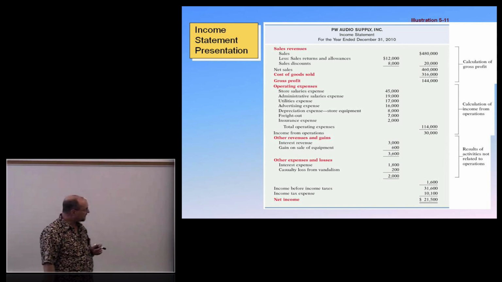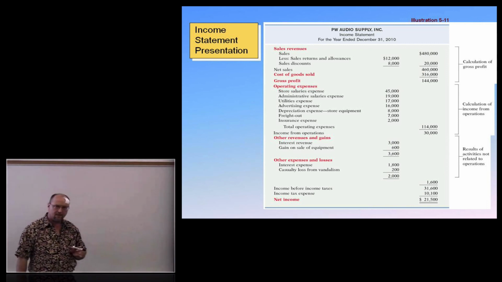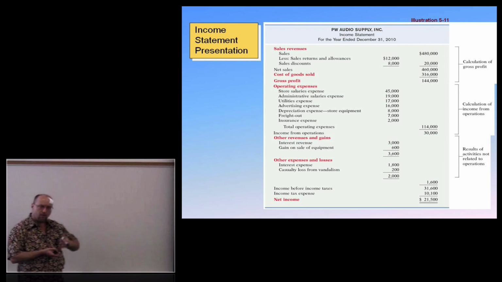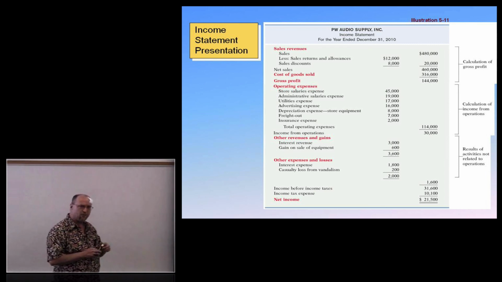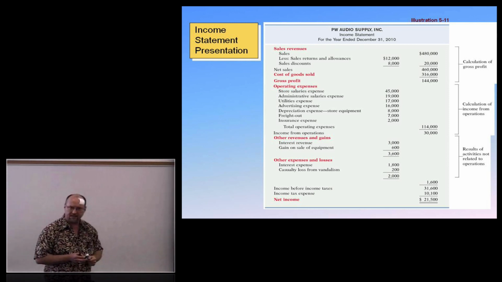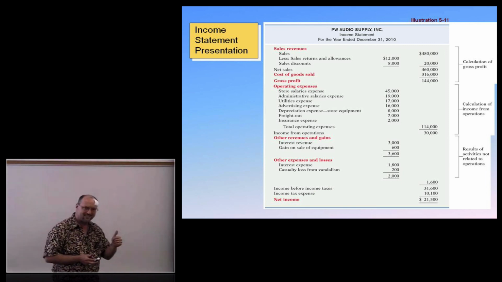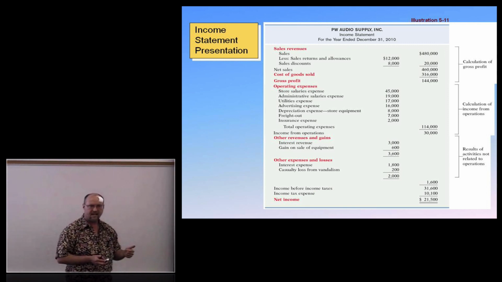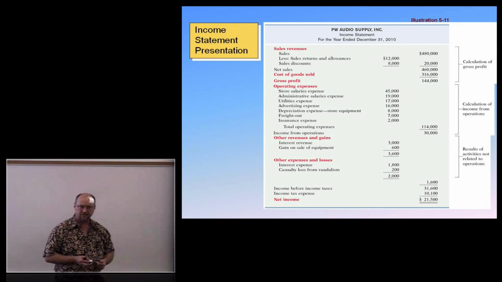And gross profit is simply the difference between what it costs me and what I'm able to sell it for. But my gross profit has to be sufficient to cover all of my operating expenses. My operating expenses are the various expenses I incur to run my business. Operating expenses are generally split between selling-related expenses and administrative expenses.